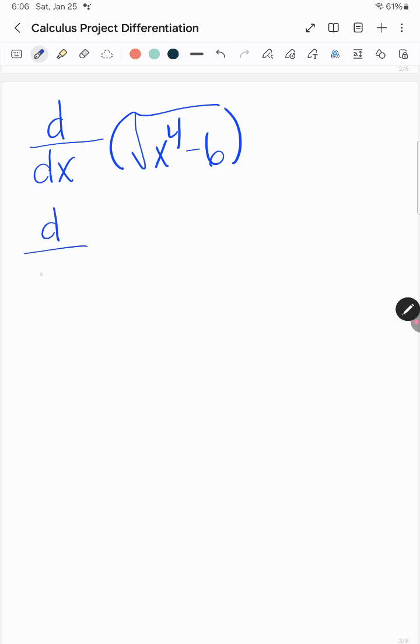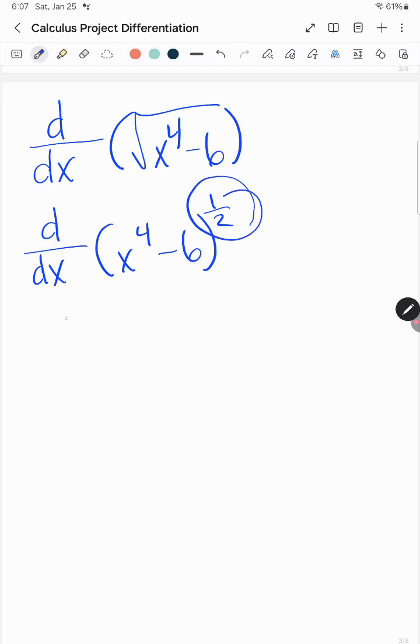So we're going to convert that to d over dx times x to the fourth minus 6 raised to the 1/2. Now we can apply the power rule. So we take the 1/2 down in front, x to the fourth minus 6. 1/2 minus 1 is going to give us a negative 1/2 exponent.